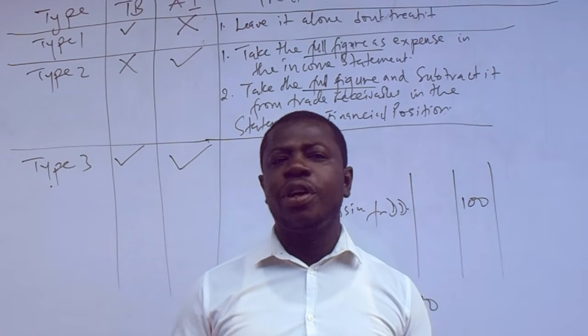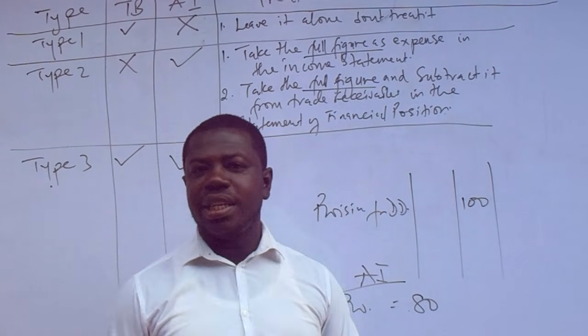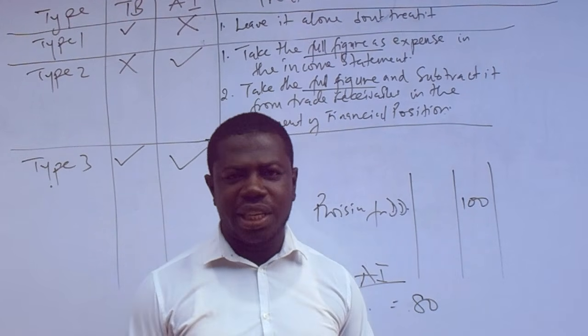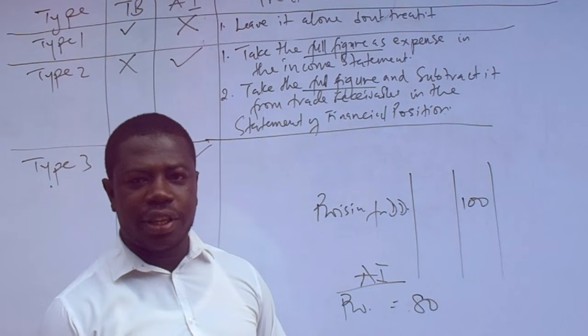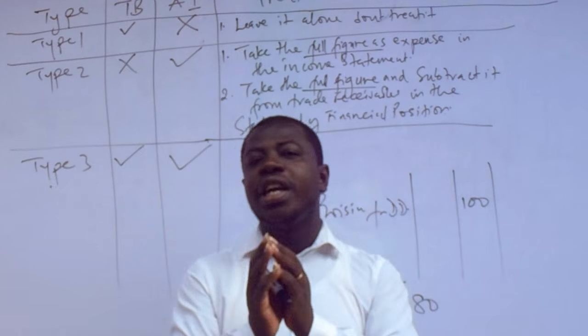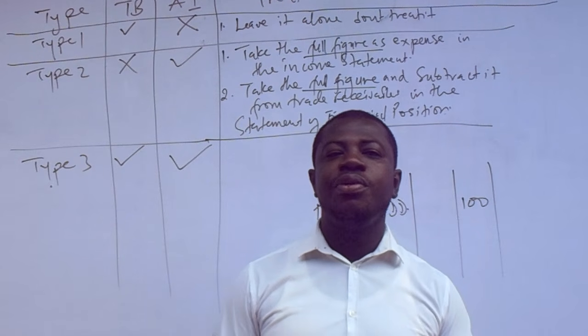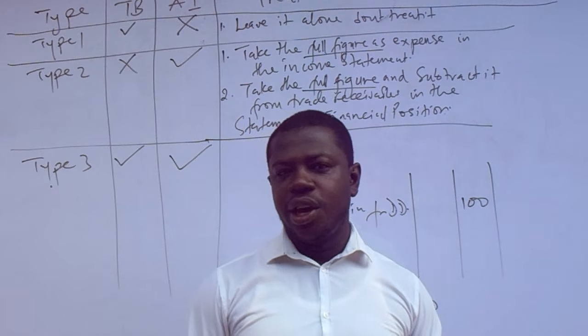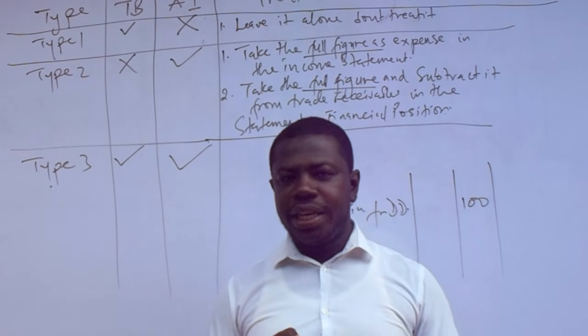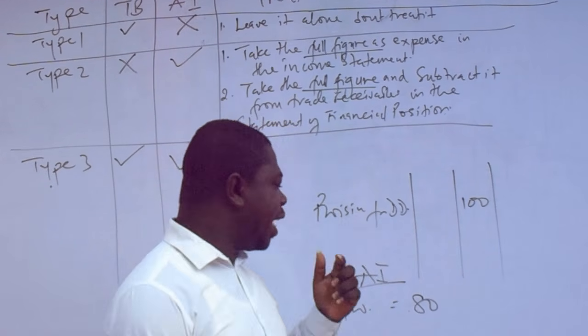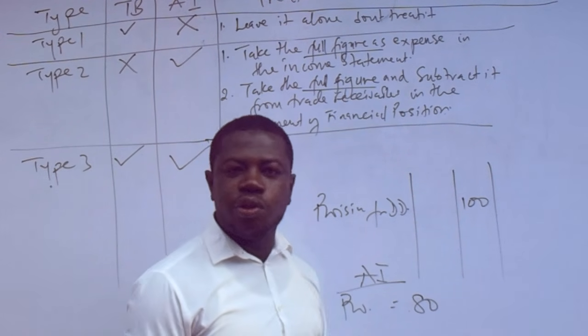Now the second treatment for the provision of the type 3 is that when we get to the statement of financial position, the second treatment is just like that of the type 2. We are going to take the full figure and we are going to subtract from the trade receivables under current assets. We will subtract this year's provision. And so when we get there, it is this 80 that we are going to subtract.